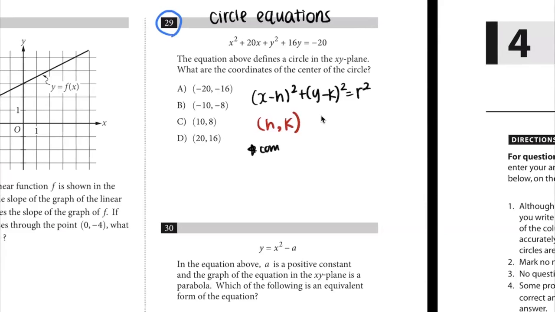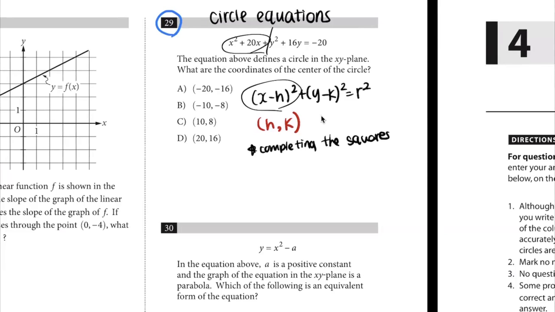We will do that by completing the square. Firstly, you would want to think of the x's and y's separately. For x squared plus 20x, we want to make it (x minus h) to the power 2.